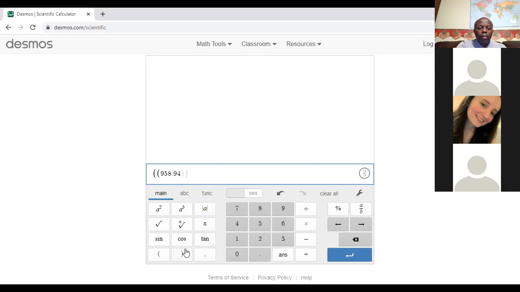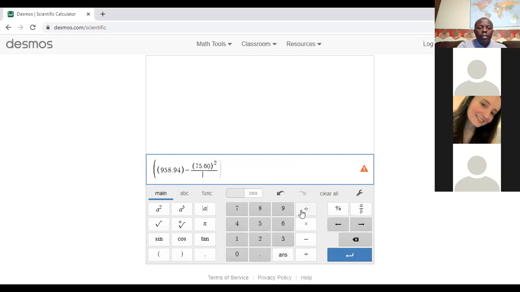It closes here, minus sum of x, which is 75.60, squared.